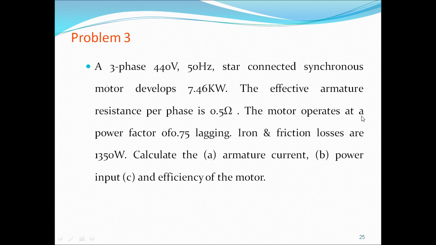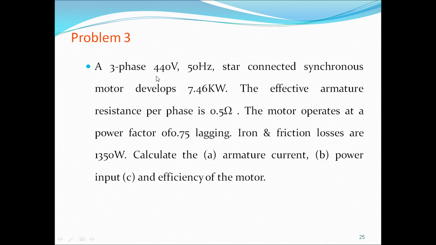The motor operates at a power factor of 0.75 lagging, and iron and friction losses are 1350 watts. Calculate armature current, power input, and efficiency of the motor. Note down the problem. What is given?